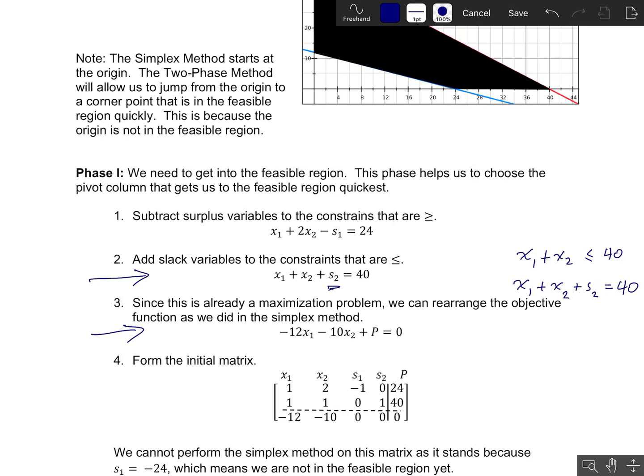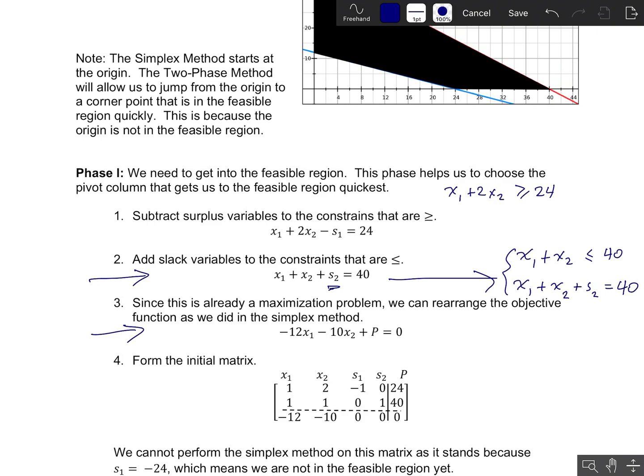Now, unfortunately, for the other kind of constraint, so for the new constraint that faces the wrong way, I have something like x1 plus 2x2 is bigger than or equal to 24. Now, in this case, the left-hand side is bigger than the right-hand side.